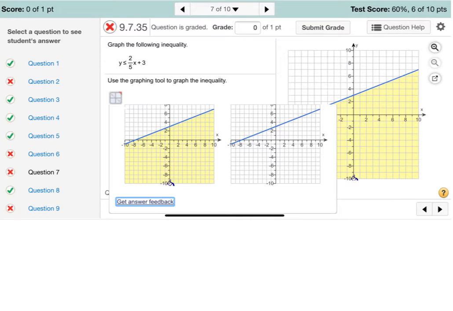For the next one here, it says to graph the following inequality. So you have the correct line graphed. You have y less than or equal to 2/5 x plus 3. You have the solid line with a y-intercept of +3 and a slope of 2/5.